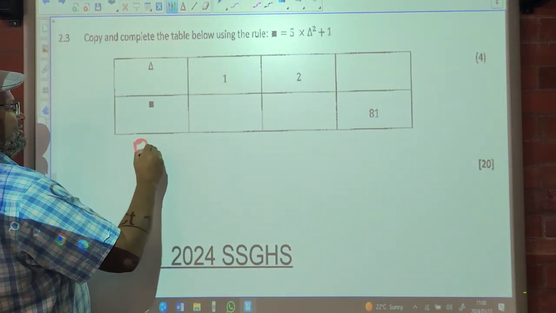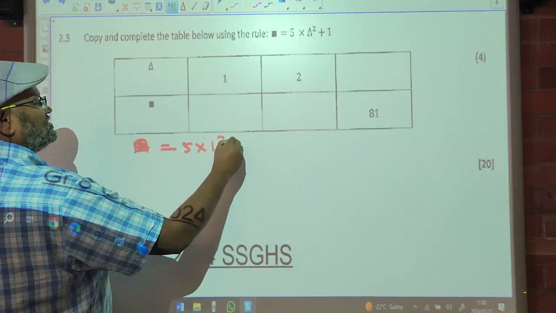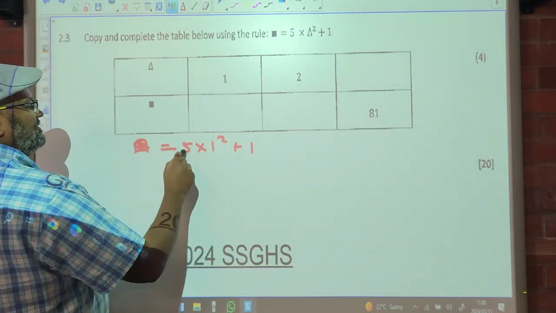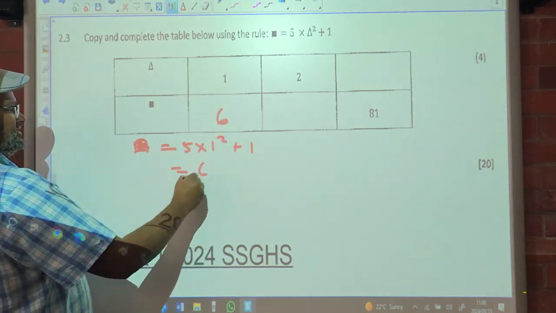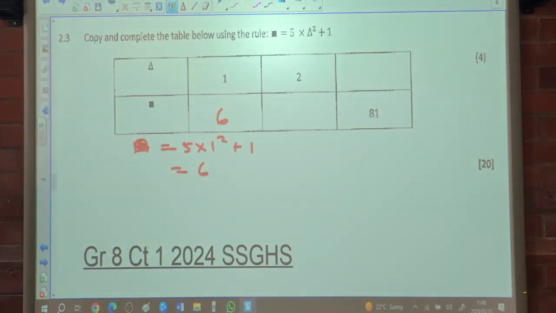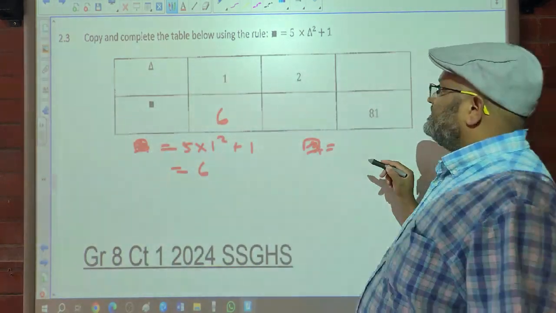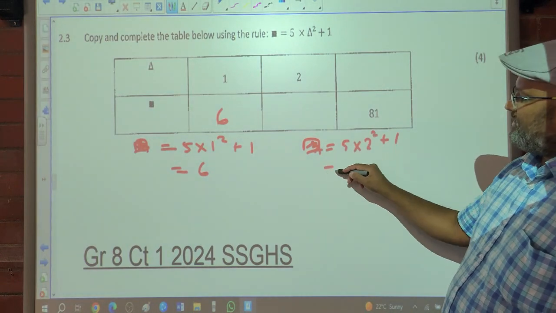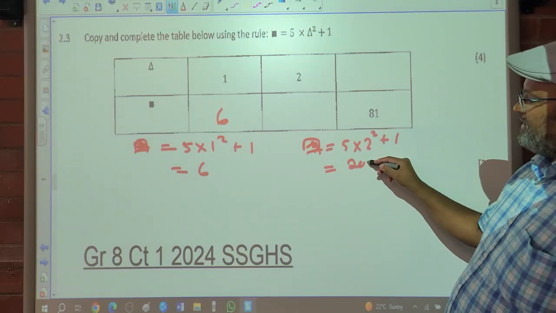So your square is going to give you 5 times 1 squared plus 1. 1 squared is 1, times 5 is 5, and 5 plus 1 is 6. So that answer is 6. The next one: the square is equal to 5 times 2 squared plus 1. What's 2 squared? 4. 4 times 5? 20. 20 plus 1?